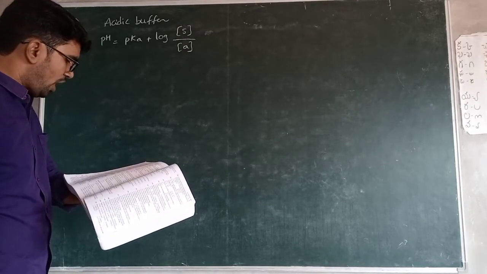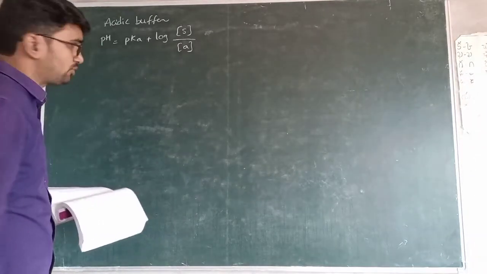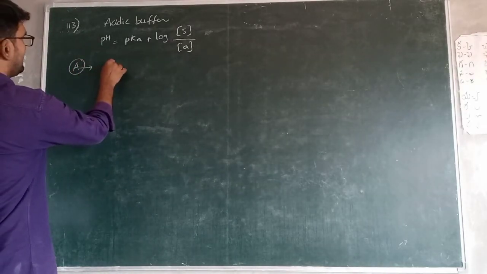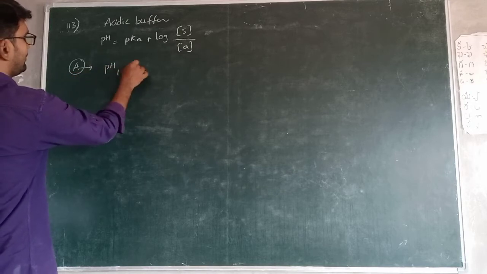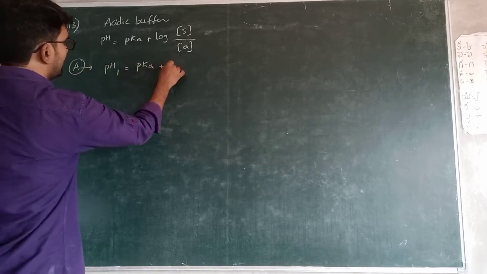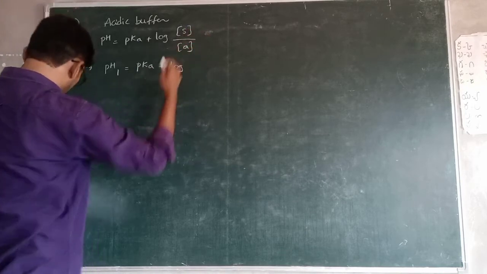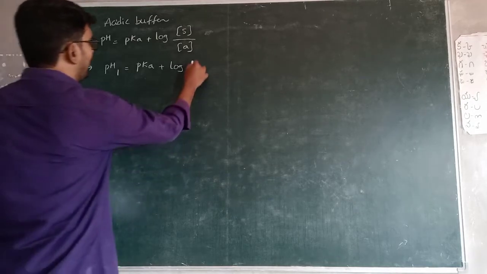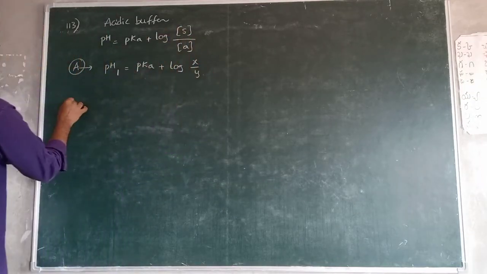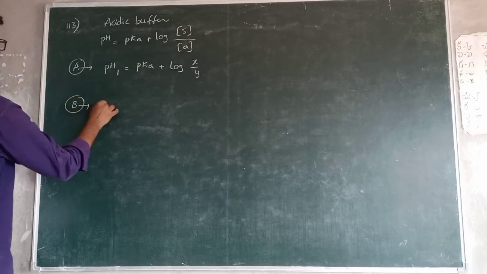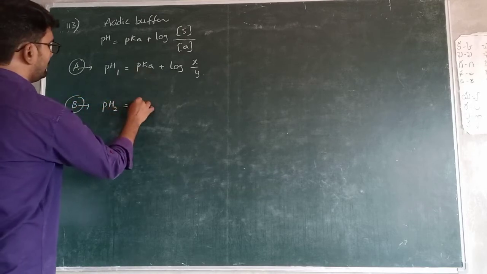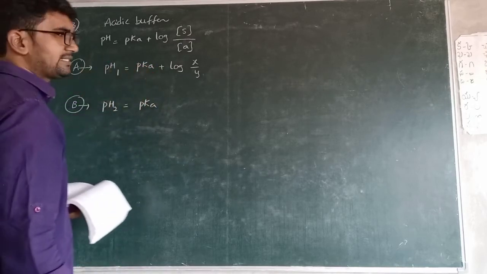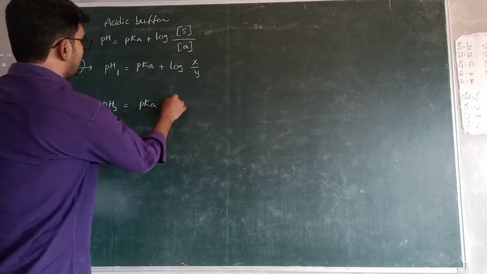And A has salt to acid ratio X is to Y. For the first buffer A, pH1 is equal to pKa plus log concentration of salt by concentration of acid, which is given for the first buffer as X is to Y, means X by Y. For the second buffer B, pH2 is equal to pKa, which is a constant value, same for both because it is the same buffer, plus log.